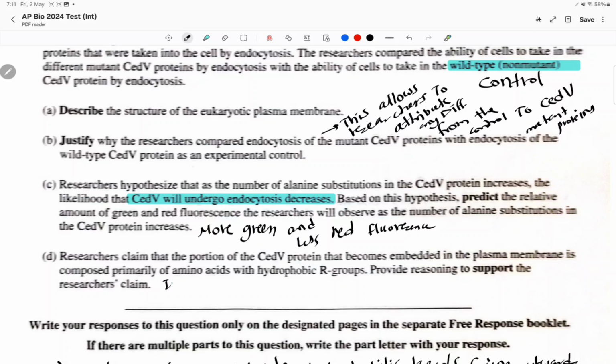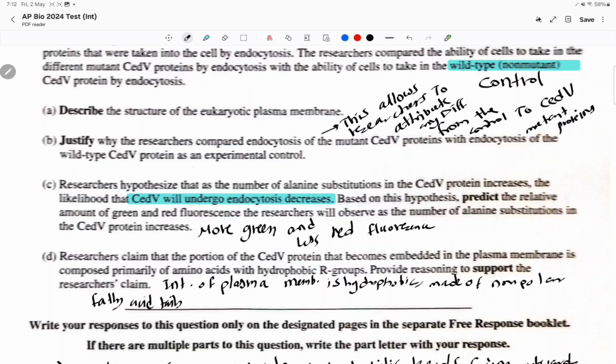So we can say that the interior of the plasma membrane is hydrophobic, made of nonpolar fatty acid tails. So the nonpolar or hydrophobic R groups can interact with these tails.